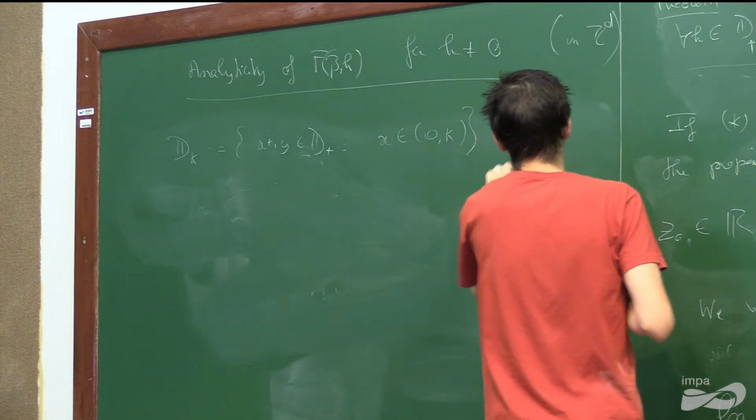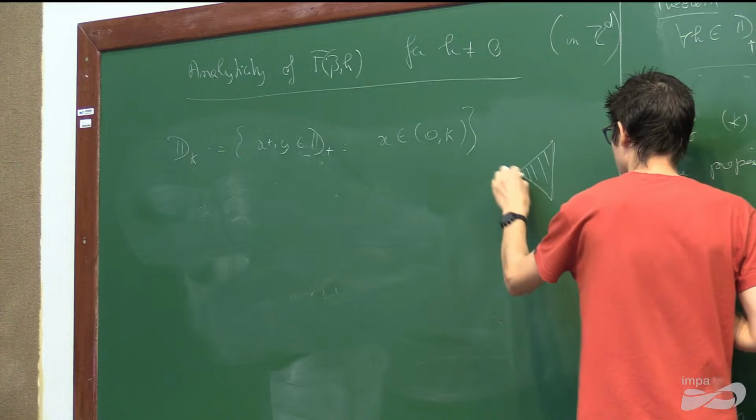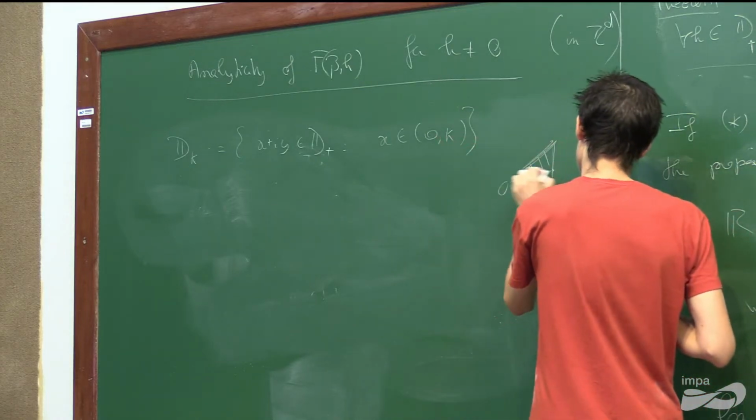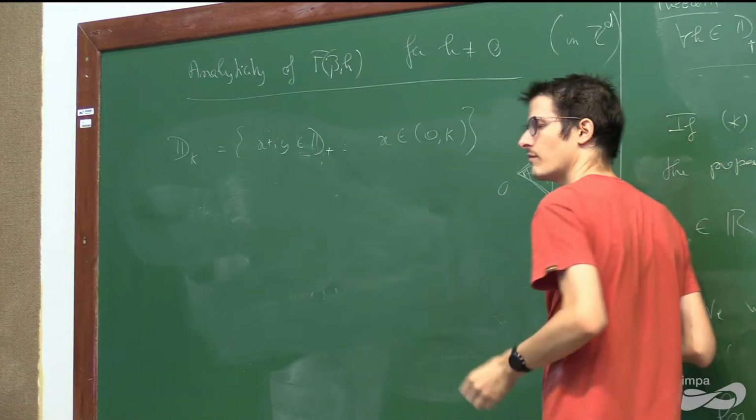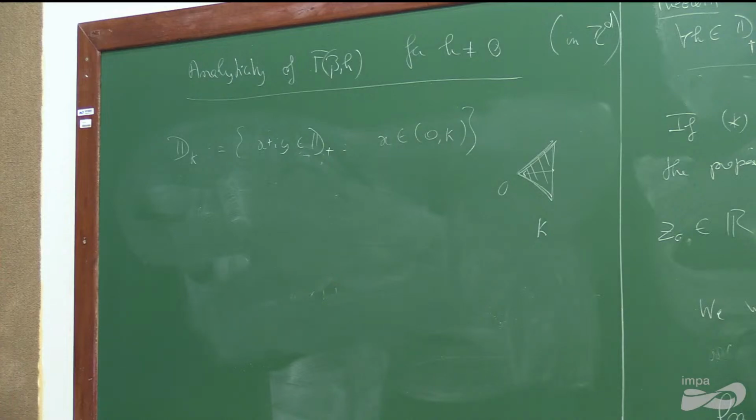If I can prove convergence in this triangle for arbitrary K, then I prove convergence on the whole D. So there is no problem. Let's restrict to this.